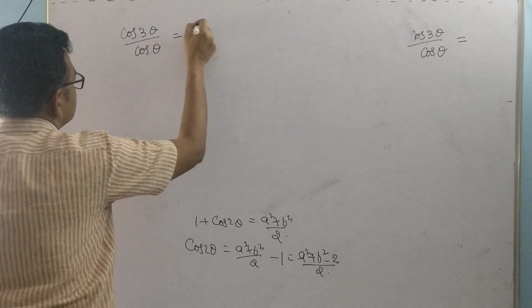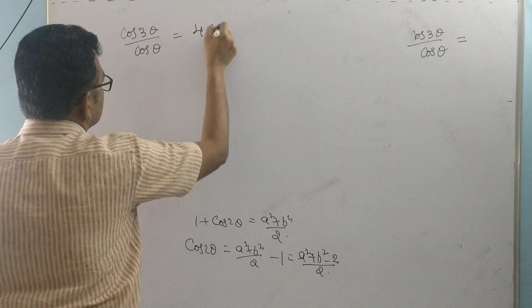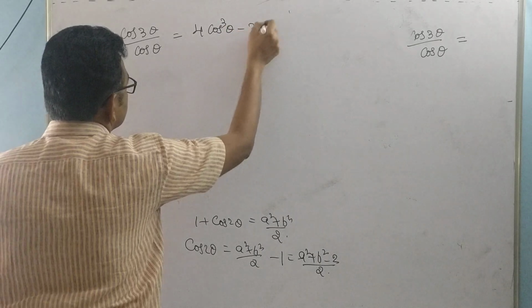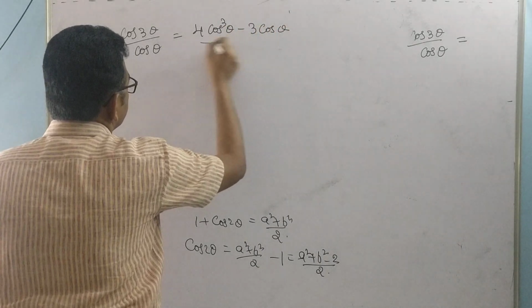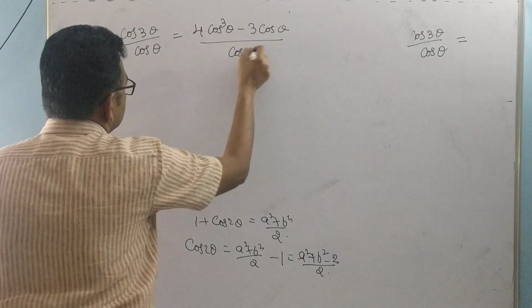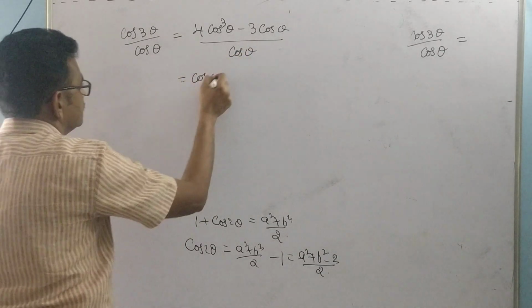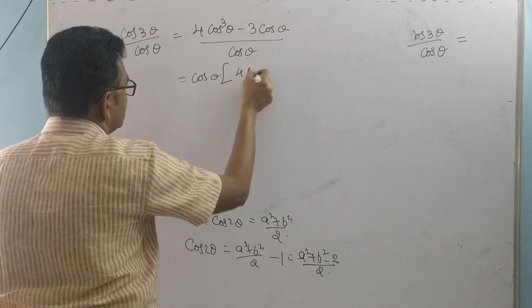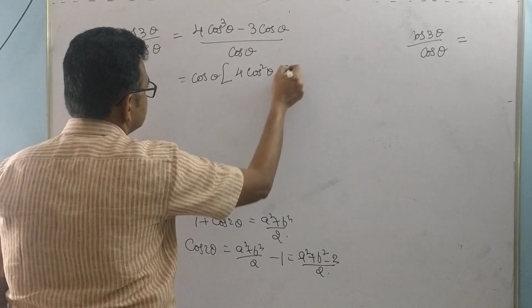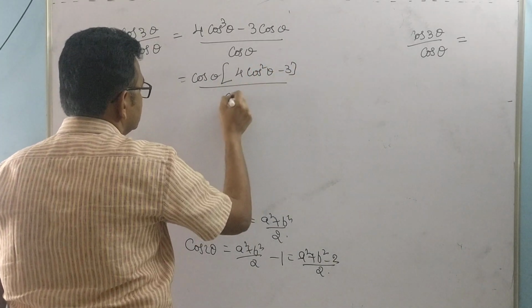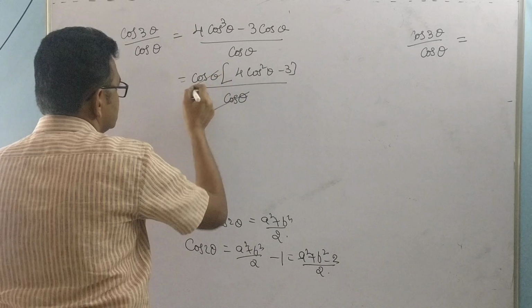Cos 3 theta by cos theta: what is the cos 3 theta formula? 4 cos cube theta minus 3 cos theta, by cos theta. Cos theta is taken common: 4 cos square theta minus 3 by cos theta, so cos theta gets cancelled.